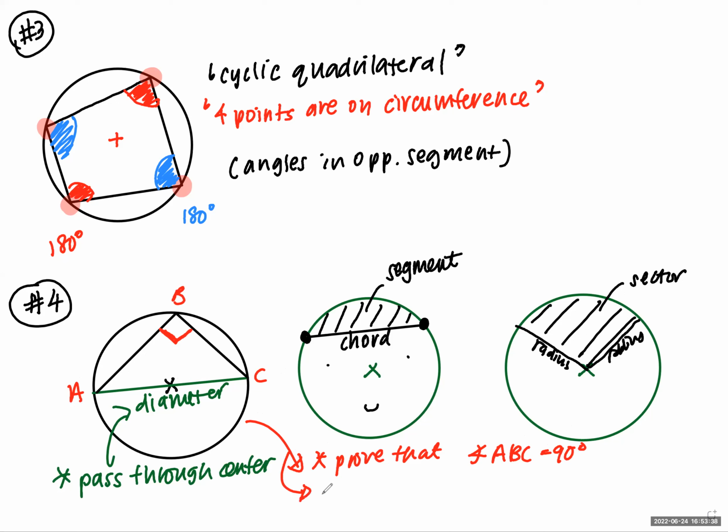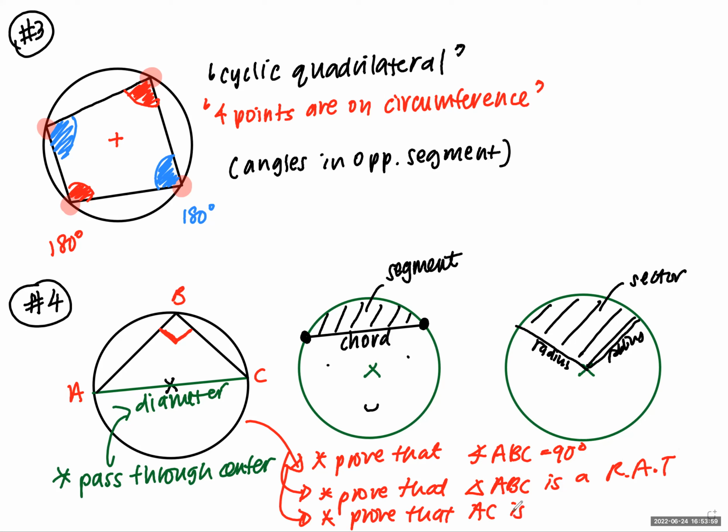Or in exam, they can say, hey, prove that triangle ABC is a right angle triangle. Or they can test you things like, prove that AC is a diameter of the circle.